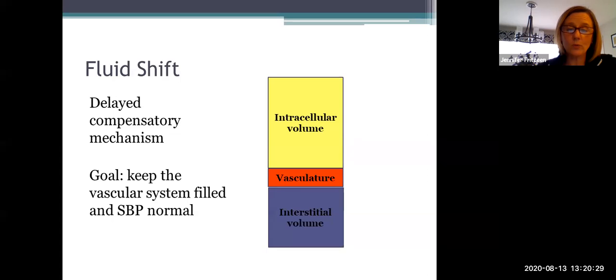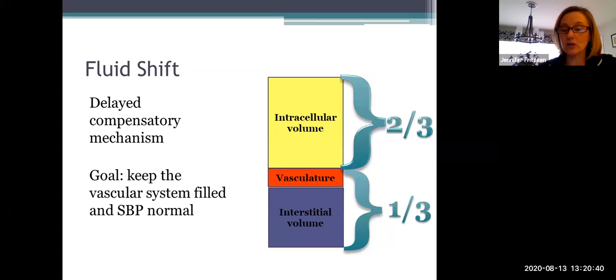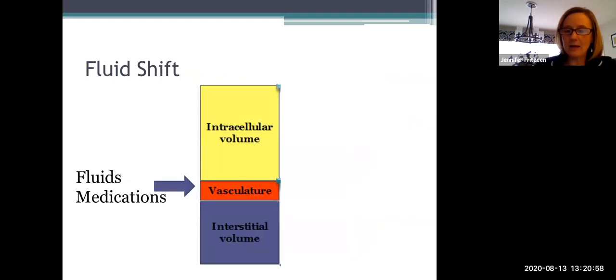What we're looking at here with my little boxes on the right is that 2/3 of all of our total body water lives inside of our cell. The other 1/3 lives in our extracellular space. And just a very small part of that extracellular space is intravascular. The rest is all of the interstitial fluid in our body, or all that fluid that goes around our cells. And our body is programmed so that when the vasculature empties, these little areas are going to fill in and compensate.